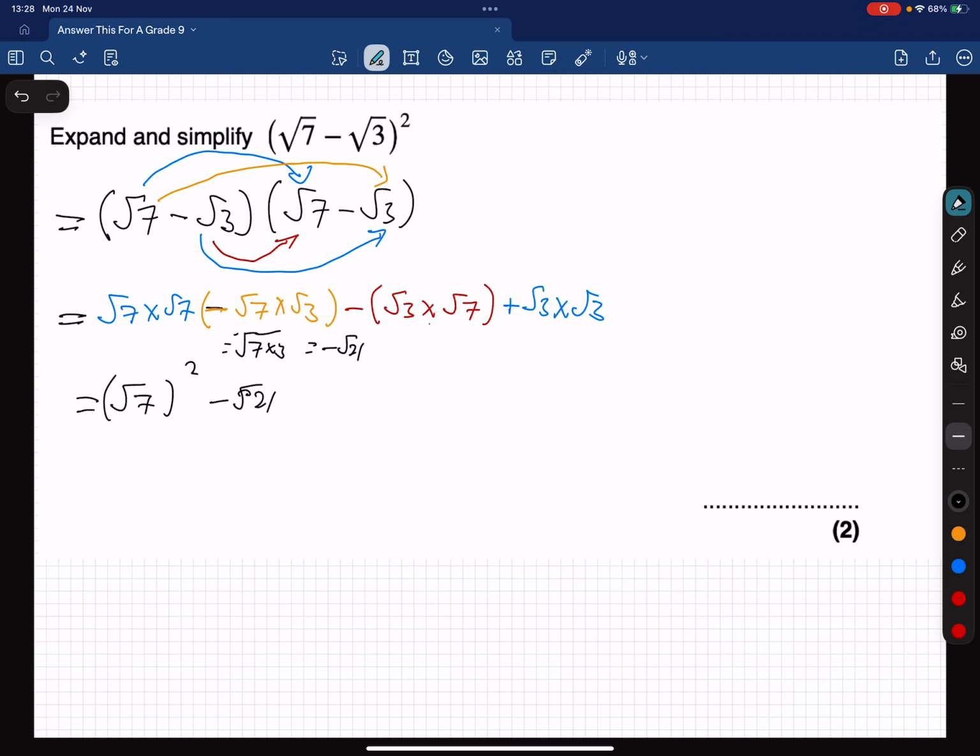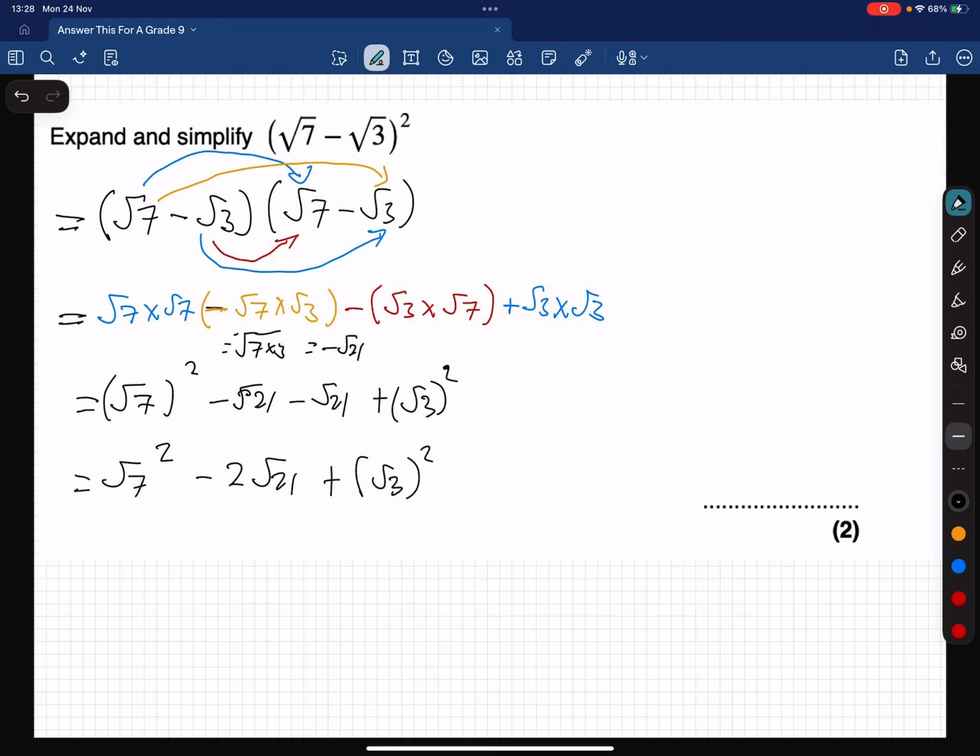This is exactly the same, this will be minus root 21, plus root 3 squared, which is equal to root 7 squared minus 2 root 21 plus root 3 squared.